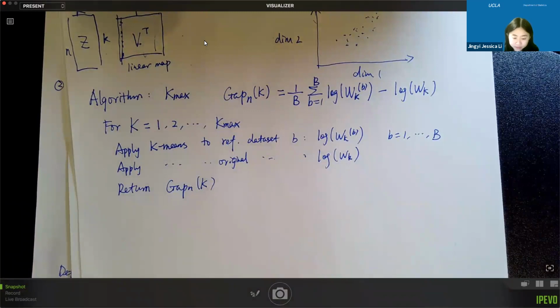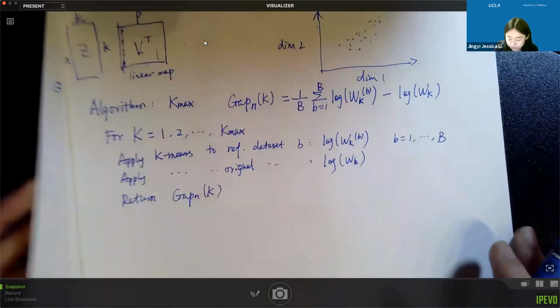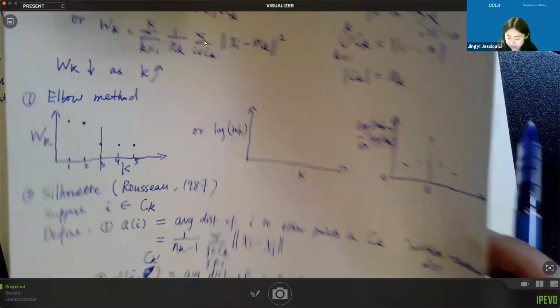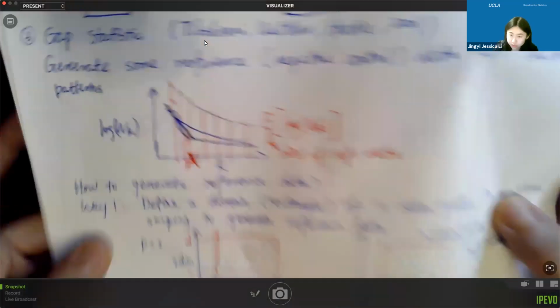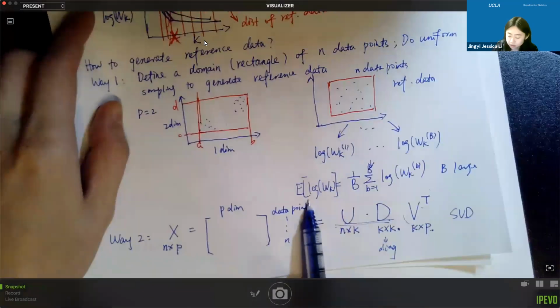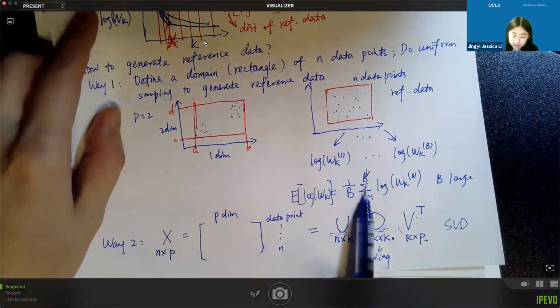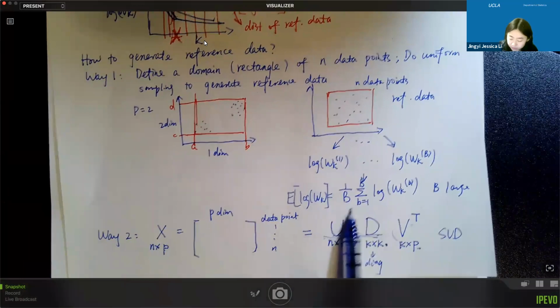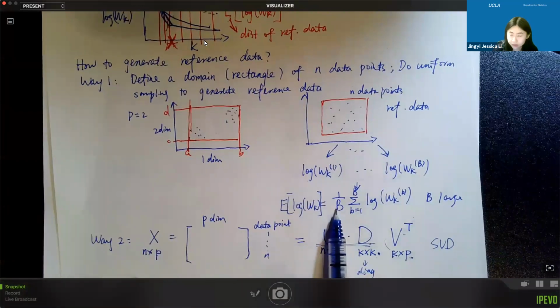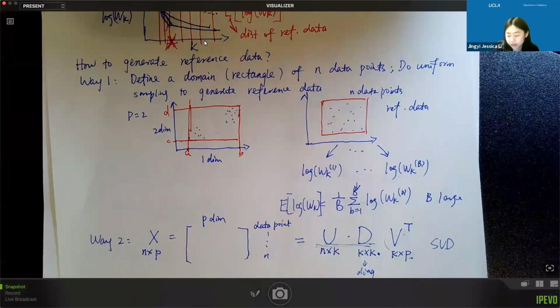One nice thing about this gap statistic is that they also considered the uncertainty in the estimation of this expectation by the Monte Carlo method, by this repeated sampling. Let's say that your capital B is not very big because of computational issues. You cannot afford to run the k-means so many times if your n is very large.